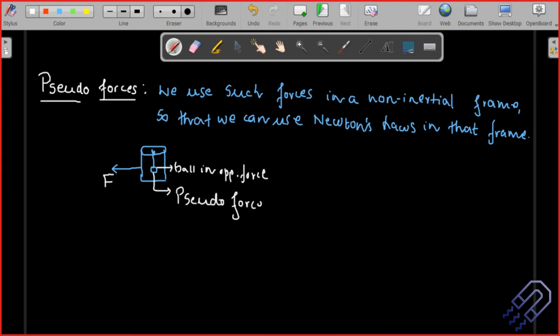So if you want to analyze the motion of this ball, you are going to use this concept of pseudo force. This is how our syllabus is designed. This is how the ideas develop. In your lower classes, maybe when you're in school, we really don't talk about pseudo forces. We say that there is a ball inside a jar and the force is being applied. We know that the ball will move in the opposite direction, which is an inertial force.